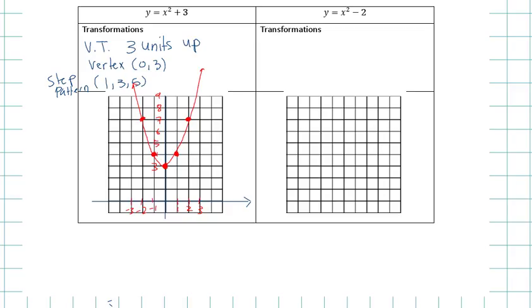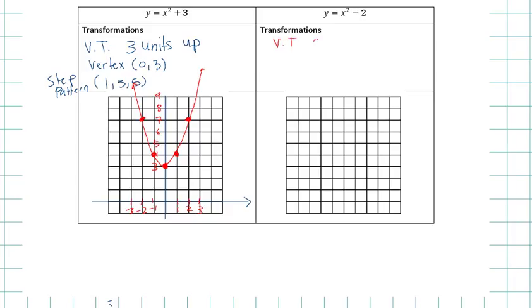Let's look at the next one. The next one is y equals x squared minus 2. What kind of transformation do I have? Vertical translation 2 units down. What's my vertex? (0, -2).